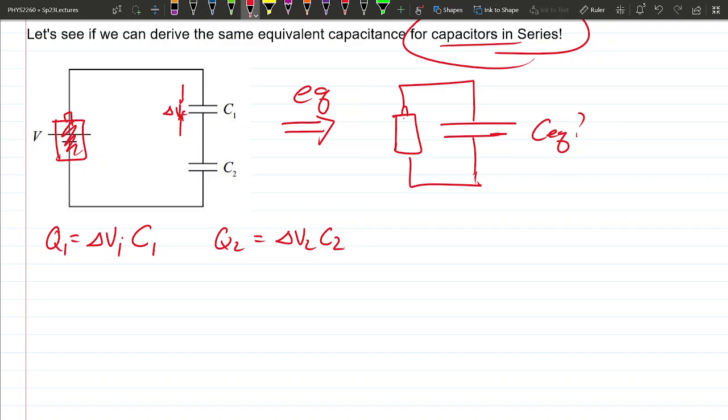The problem is the change in voltage here. Let's say this is a 9-volt battery. Is the change in voltage across capacitor 1 going to be 9 volts? No, because there's another capacitor you have to go through. So there's some division of the change in voltage between capacitor 1 and capacitor 2.